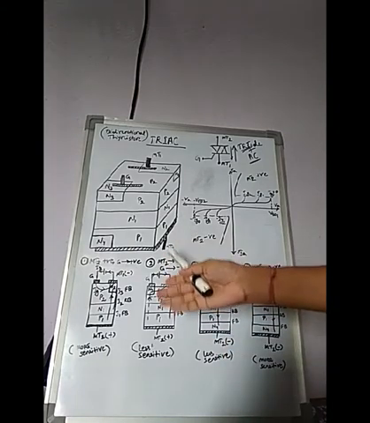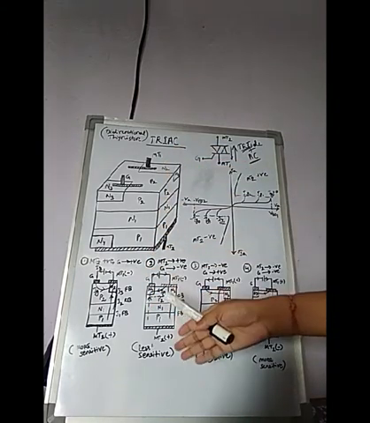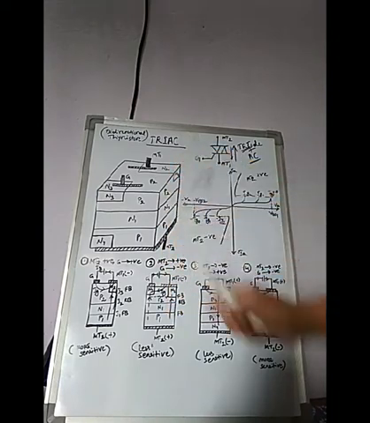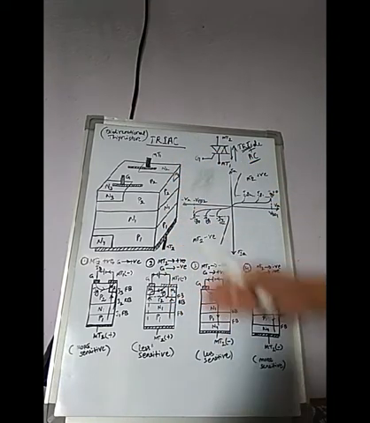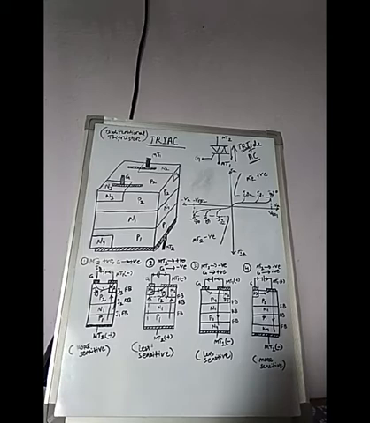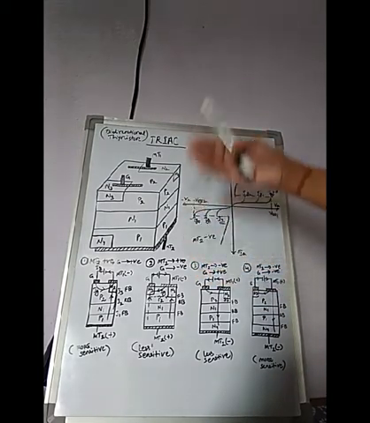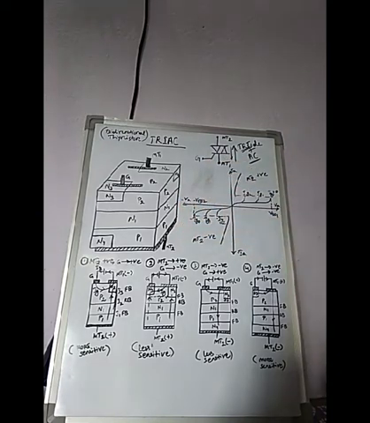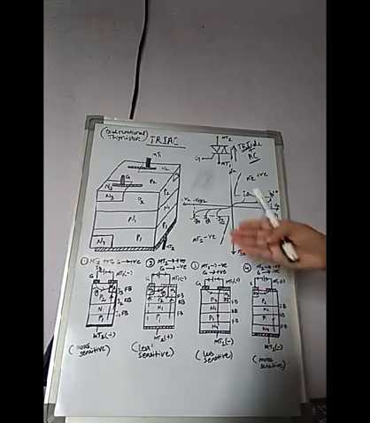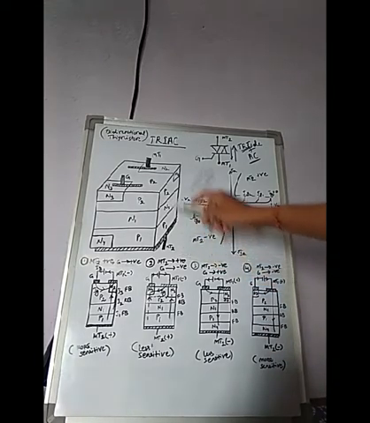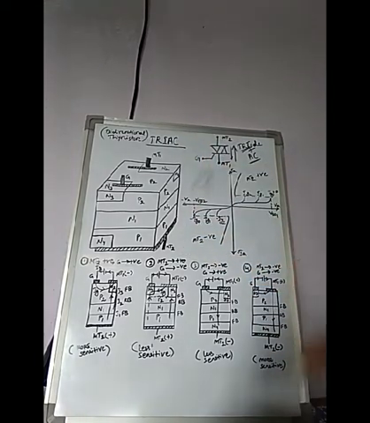Then we see what happens through this triac and through which layers current can conduct. Similarly, the second mode is MT2 positive with respect to MT1 and gate current negative. And the third one is MT2 negative with respect to MT1 and gate positive.